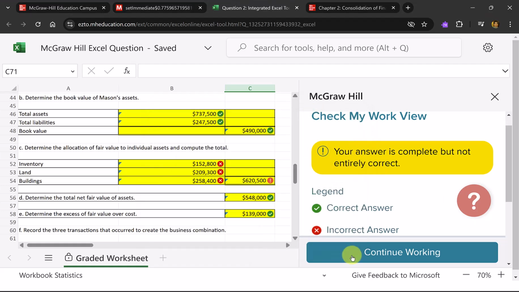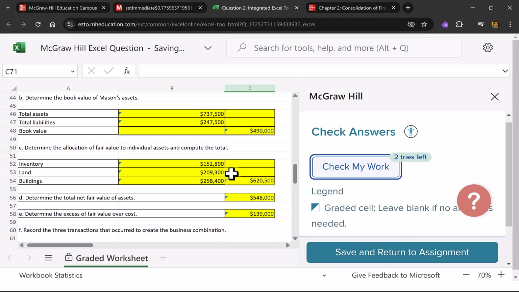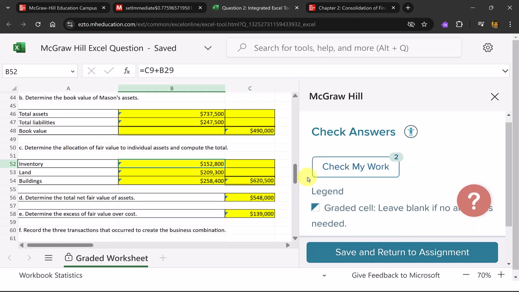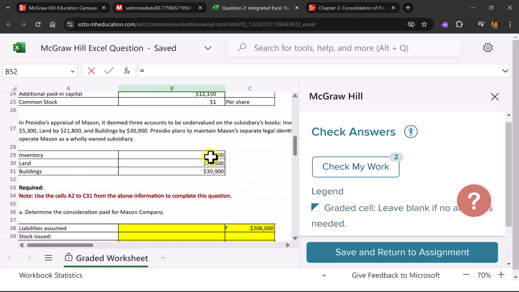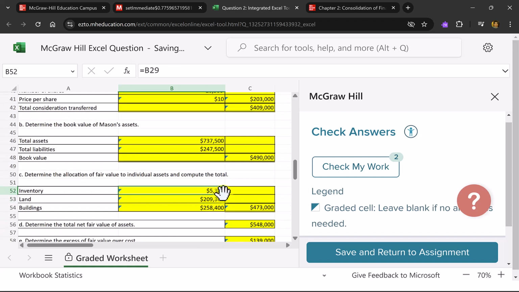Okay, so let me go back and just grab the increase in value and copy this formula down.